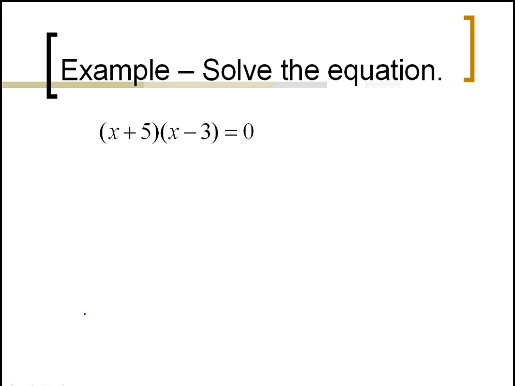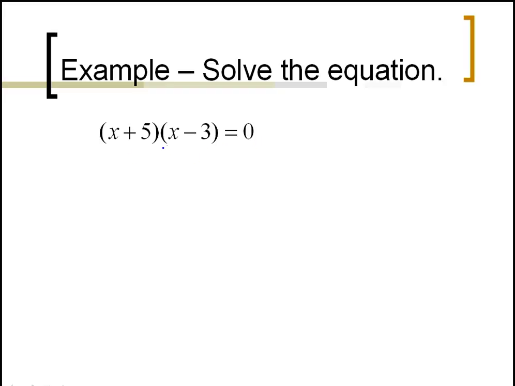So here's an example to solve the equation. If we think about our steps that we just reviewed, we have to have one side of the equation equal to 0, which we do, and then the other side has to be factored. Well, notice that x plus 5 times x minus 3 is already factored. We don't want to undo that multiplication because we already have it in the form of something factored equals 0.